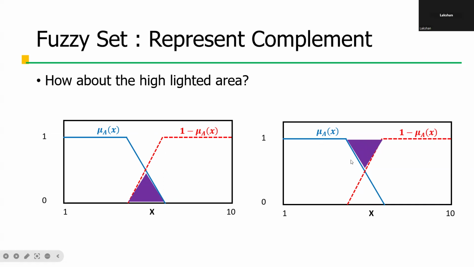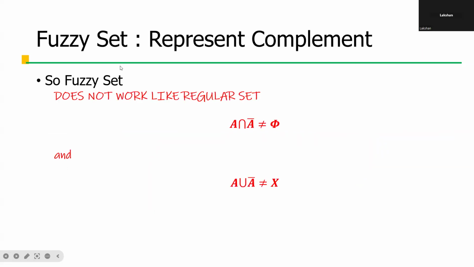So because of that, the classical rules do not hold: A intersection A complement is null, that is not correct for a fuzzy set, and the union of A and A complement is not equal to the universal set.